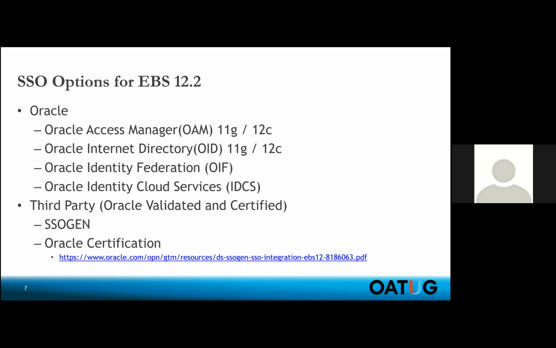OAM is a product that Oracle acquired from a company called Oblix, Oblix Access Manager, and that was renamed Oracle Access Manager. That has been the go-to solution back when Oracle introduced 12.2 and deprecated OSSO 10G. There's no way for 12.2 to work with the OSSO.